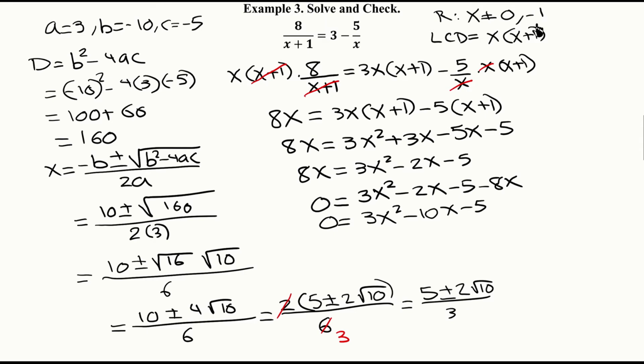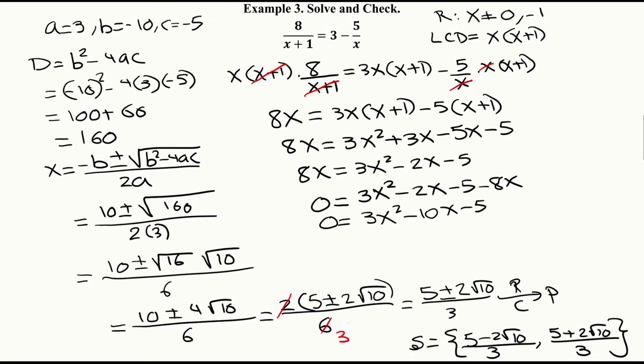We can see that they both pass the restriction check, so we can go ahead and just put restriction check passed. And now we can write our solution set, and we'll go ahead and separate them. So 5 minus 2 radical 10 over 3 being one of our solutions, and 5 plus 2 radical 10 over 3 being our second solution.